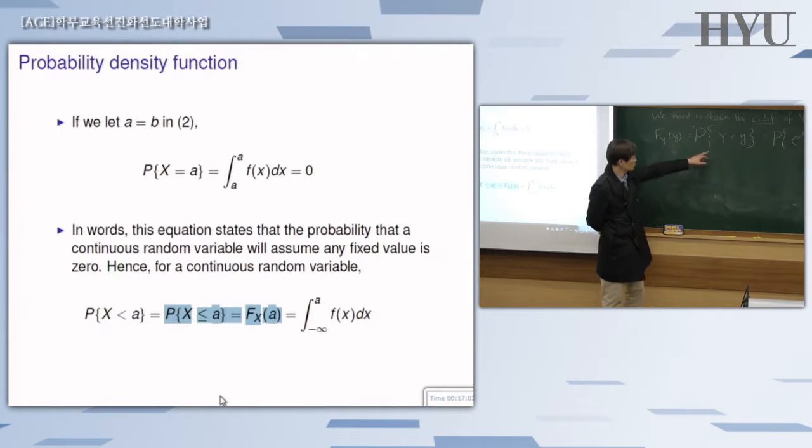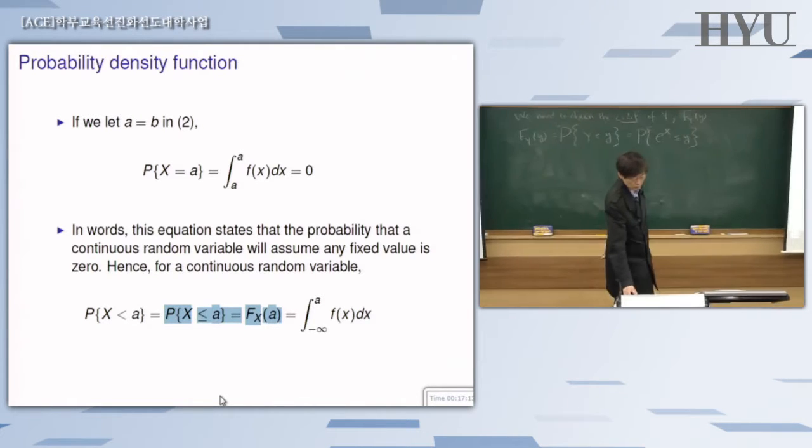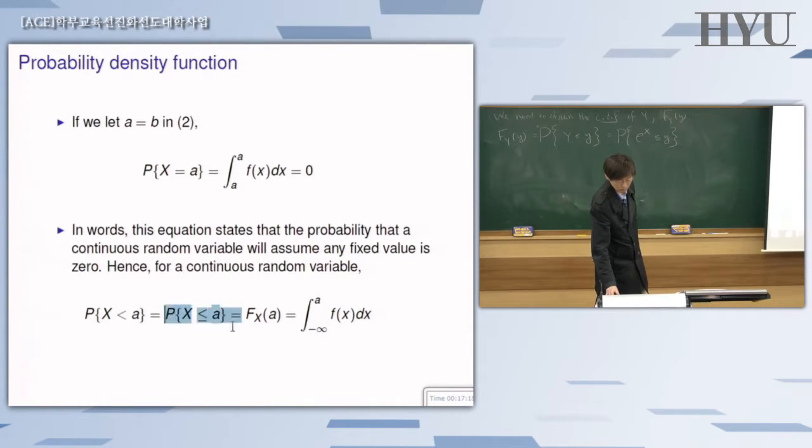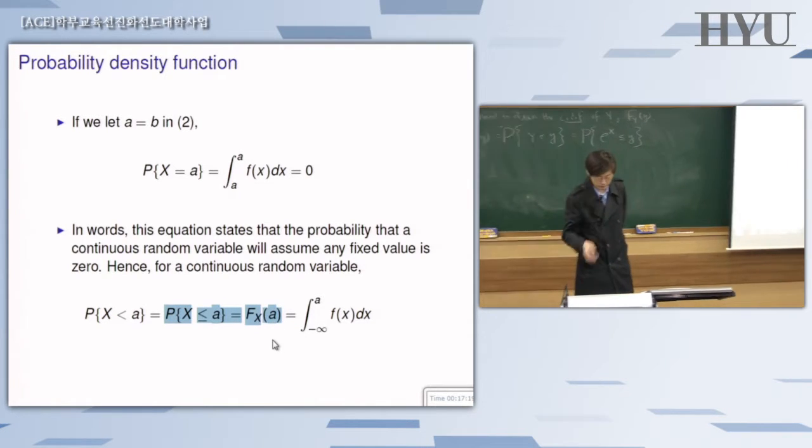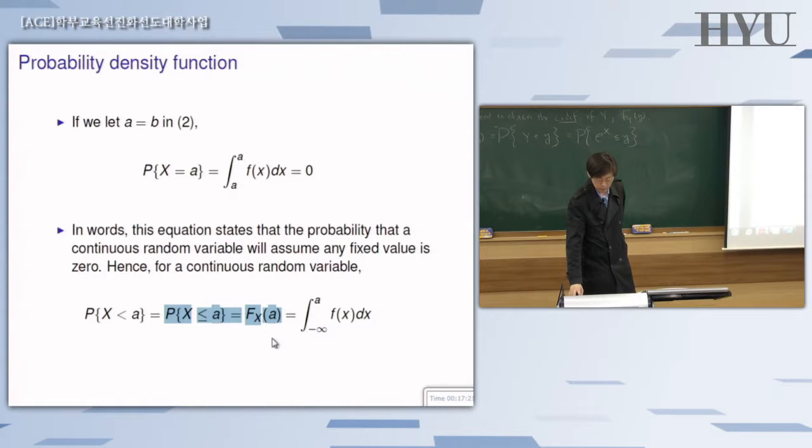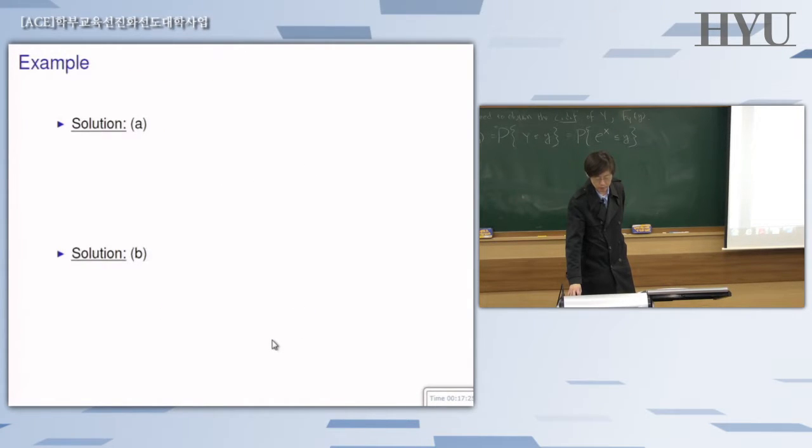And then this one is defined to be nothing but the probability such that this variable y is less than or equal to some number. So this right here is the definition of the CDF. Okay? And the definition of y, we already did it. Defined it to be e to the x.